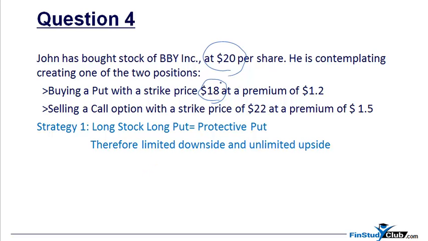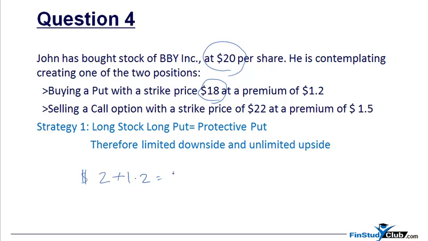So the maximum loss that he would have to face on account of the stock price decline would be $2 based on this, right? Because below $18, the entire decline in prices would very well be insured by this put. So this $2 is the maximum loss the guy can face. Now, not to forget that he spent a premium of $1.2 in buying the put, so that's again a cost.